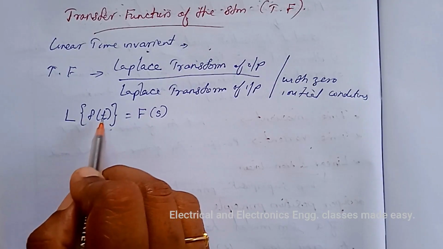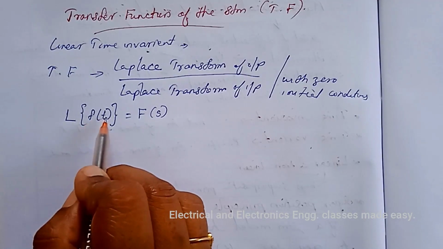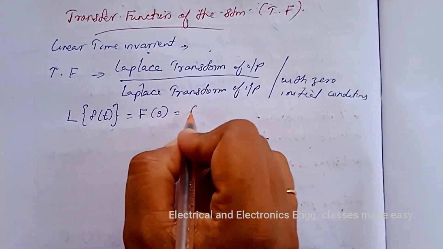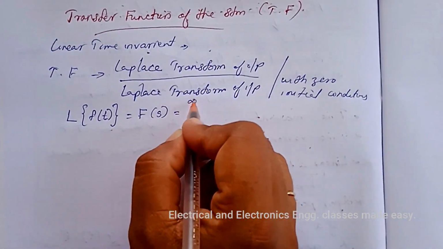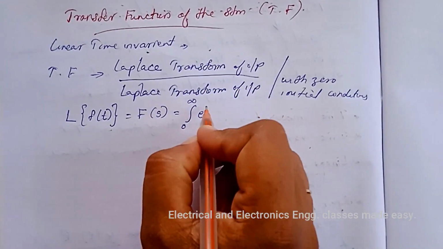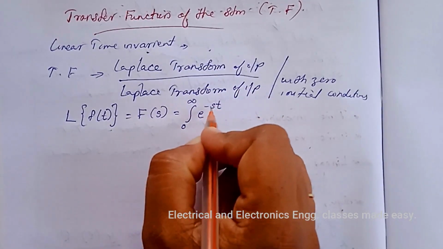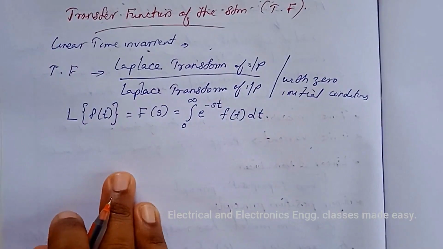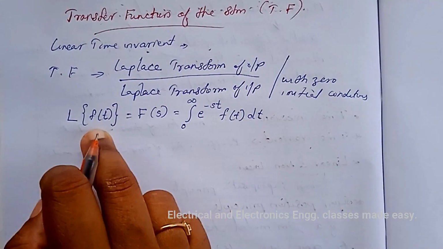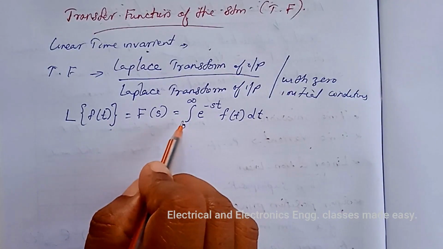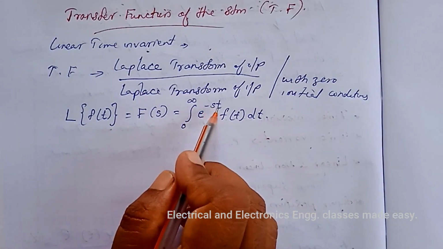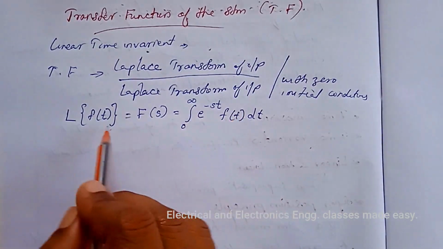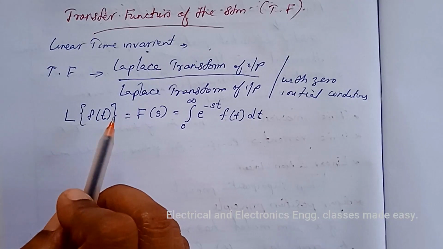So the Laplace transform of function f of t is F of s, and that is equal to the integral from 0 to infinity of e raised to minus st f of t dt. So f of t is the function in time domain.